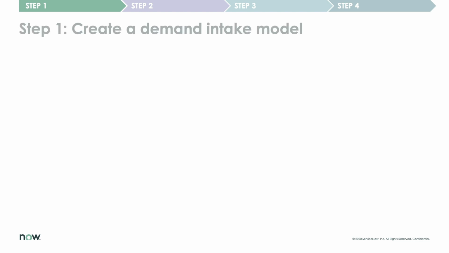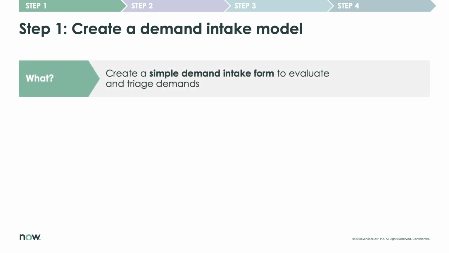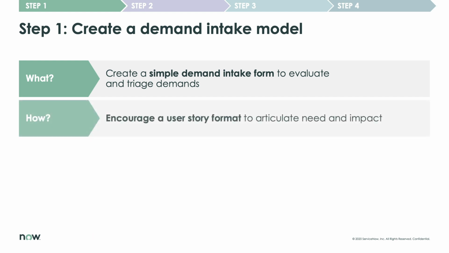An intake model should provide enough information to the right stakeholders to make an investment decision. There are 4 critical pieces to the intake model, starting with a simple intake form that has all the information needed to evaluate and triage demands. A user story format is a good way to help requesters clearly articulate what they need and why.